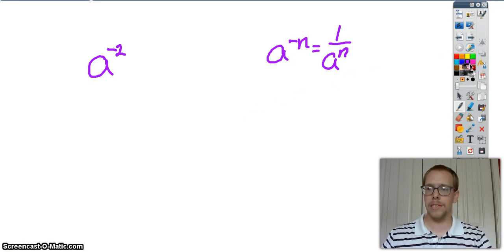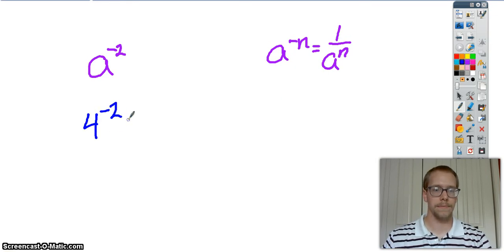So let's do a concrete example real quick. For instance, say we have 4 to the negative 2 power. Well, using our rule, we have 1 over, take the base, place it in the denominator, and raise it to the positive of that power. So instead of negative 2, to the positive 2 power.